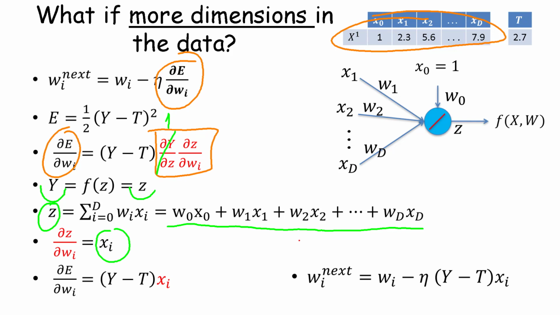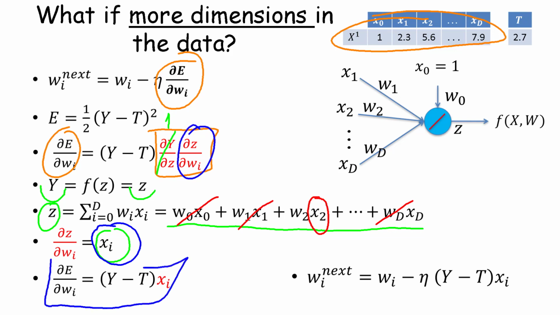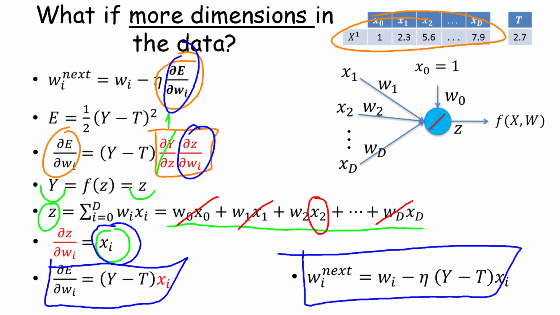For example, the partial derivative of z with respect to w2 is just x2. All of these other terms would become 0 in the derivative. When we plug this back into the derivative of the error, we get this. And plugging that back into the weight update rule gives us this. So if we have any number of inputs in the neuron, we can just apply this weight update rule for each of the weights.